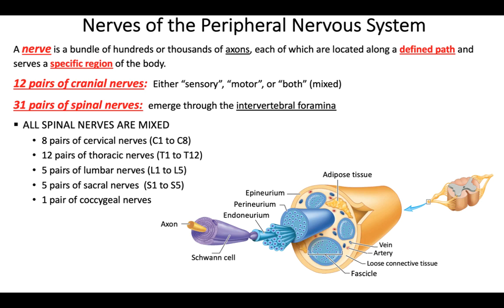So 31 pairs total. Now, one thing you want to make a point of is there are 8 pairs of cervical nerves. A lot of times we think it's the same number of nerves as there are vertebrae, and that's not true. Remember, there are 7 cervical vertebrae, but there are 8 pairs of cervical nerves.